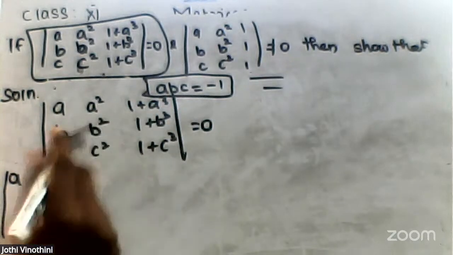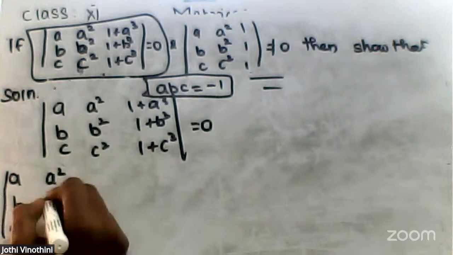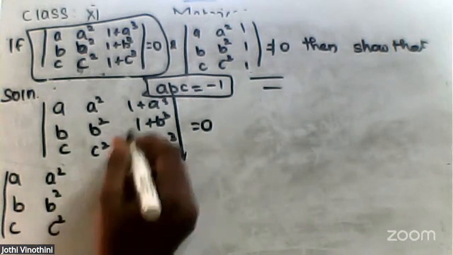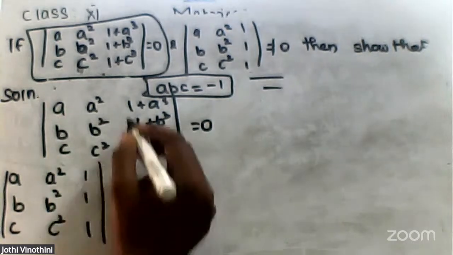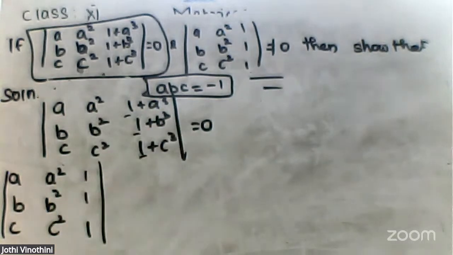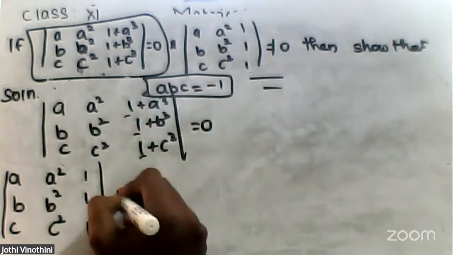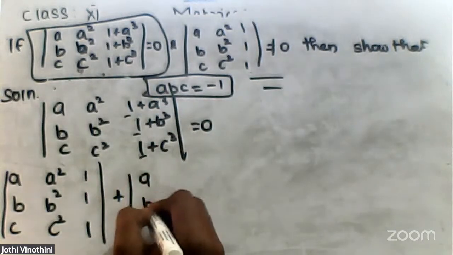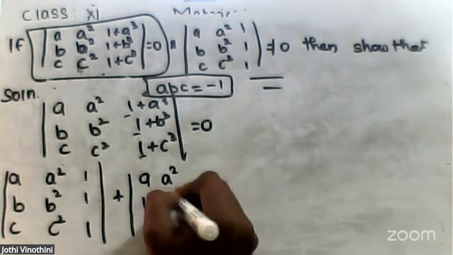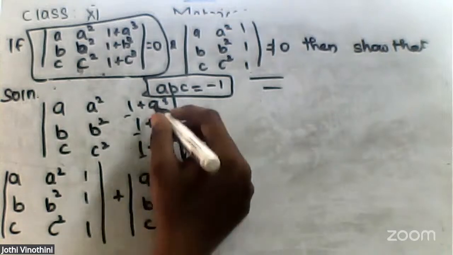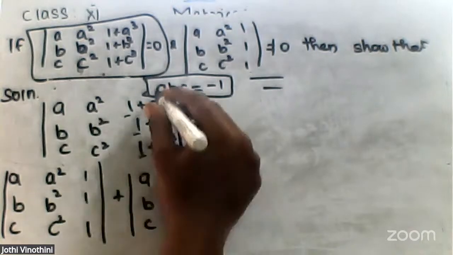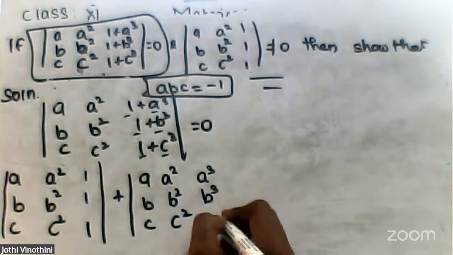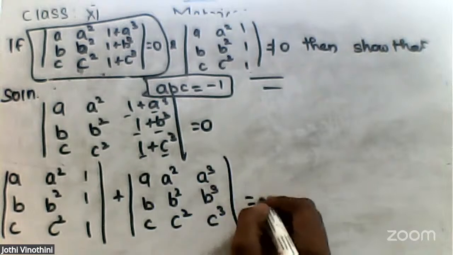The other two columns remain the same. In the first matrix I am going to take the first element alone. What is the sign here? Addition. The first two columns remain the same, and we take the second element in the last column for the second matrix, which will equal 0.